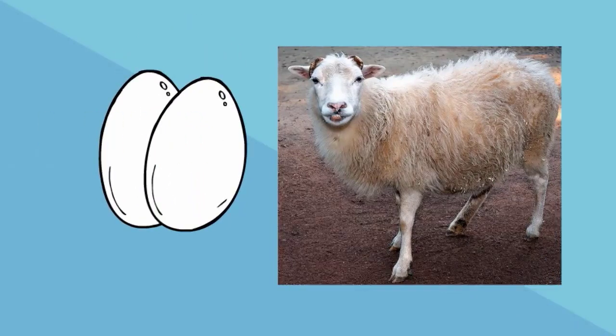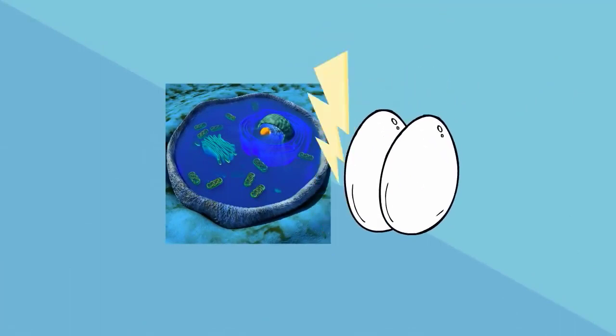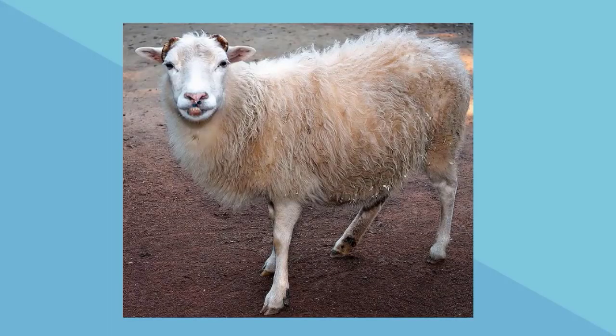Step 3, they used electric shock and fused these two cells together. Step 4, they implanted this fused cell into a female sheep. They actually fused more than 200 cells, and one developed into a full adult. Dolly had the same cells as the original udder cells.